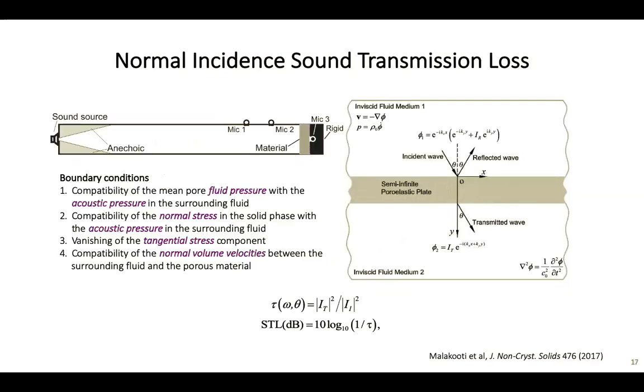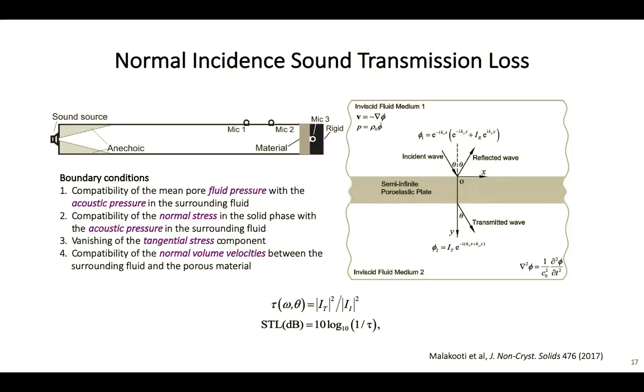Now, in the modeling for normal incidence sound transmission loss, in order to simplify, we consider a two-dimensional model. In the first case, we have a semi-infinite poroelastic plate submerged in air, which we can consider to have low viscosity.